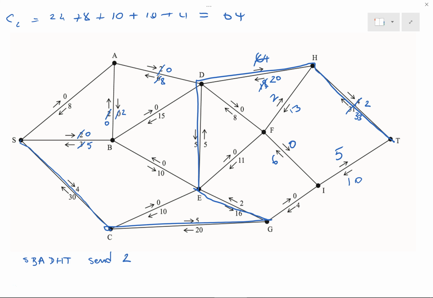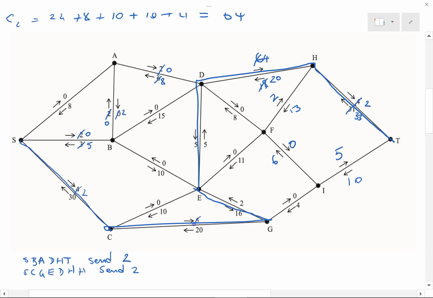we can't go wrong. Now again, we're looking for the smallest forward arrow, and again it's 2, so we can send 2. So let's write the path down: S, C, G, E, D, H, T, send 2. So we're going to decrease the forward arrow by 2.